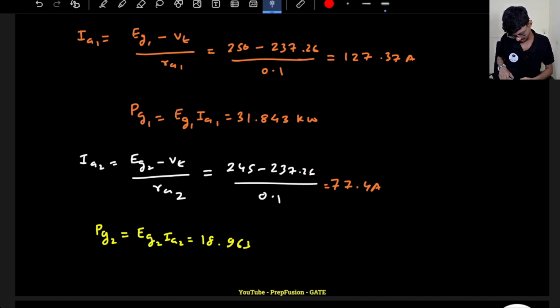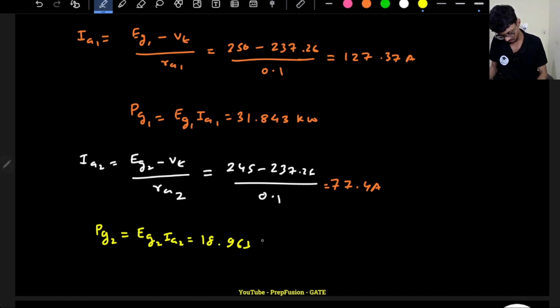So this is correct, 250 minus 237.26, and here as well it is correct. So this will be the answer, basically the value of the power that each generator will supply.